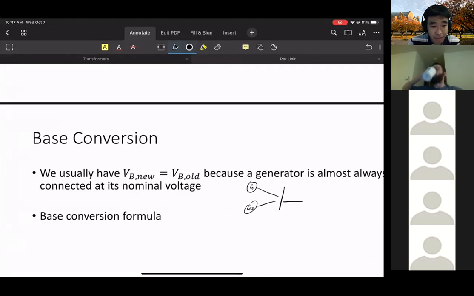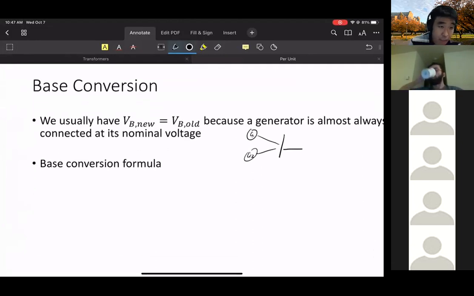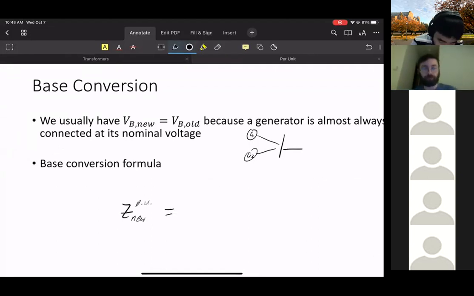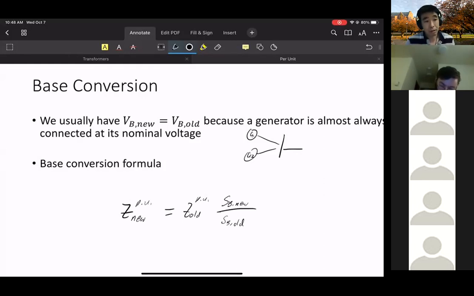They always have the same terminal voltage. So 99% of the time, the base voltage for the base unit for the voltage is the same. So what we have is the new per unit as the old per unit times S_B new over S_B old. This is what we will normally have, 99% of the time.